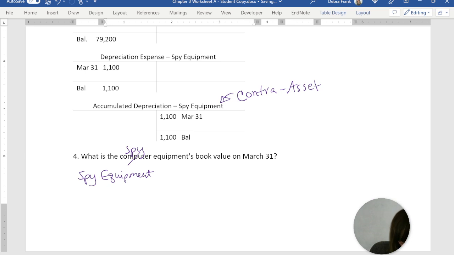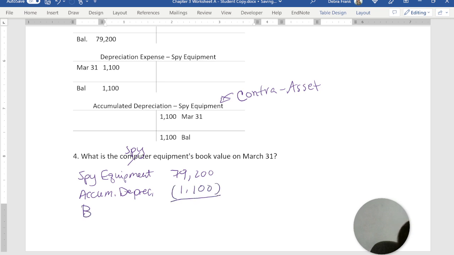It was 79,200. This is why I type, because I write too sloppy. Then for the month of March, we had accumulated depreciation of 1,100.